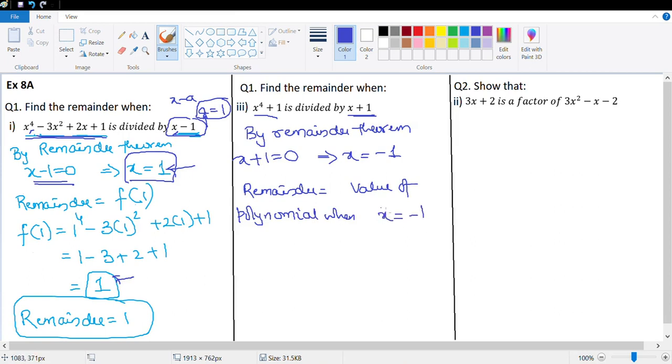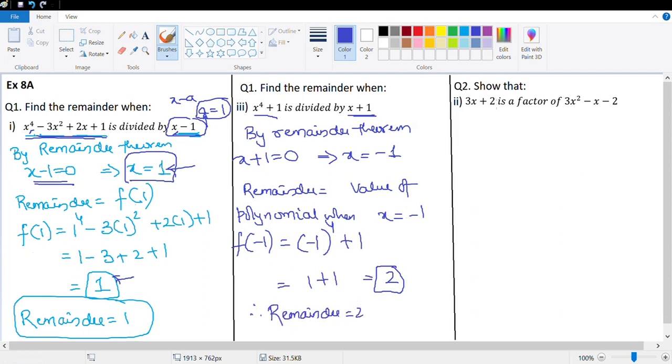Which is basically what we write as f of negative 1. So instead of x, I put negative 1 to the power 4 plus 1. And this is 1 plus 1, which means the value is 2. Therefore, remainder is equal to 2.